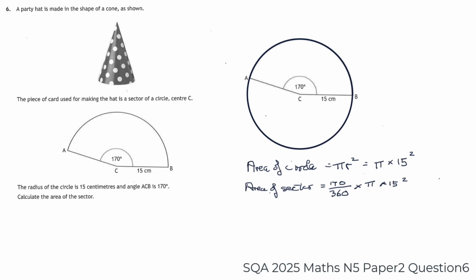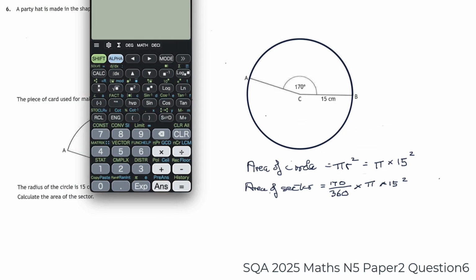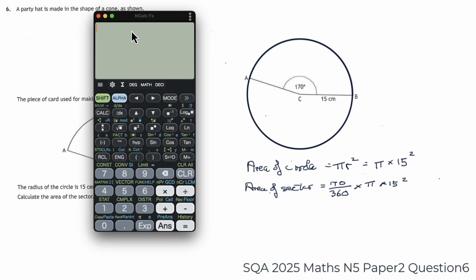So let's bring on the calculator. Here it is. And let's just go ahead straight away with that. So it's 170, and we're dividing that by 360. We then multiply by pi. Now my calculator pi is there.